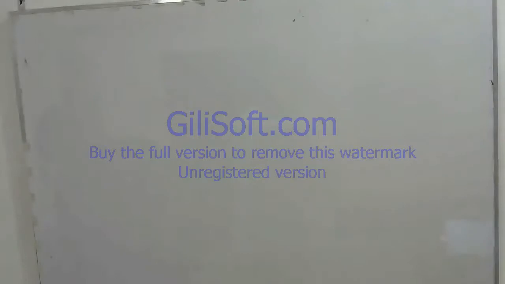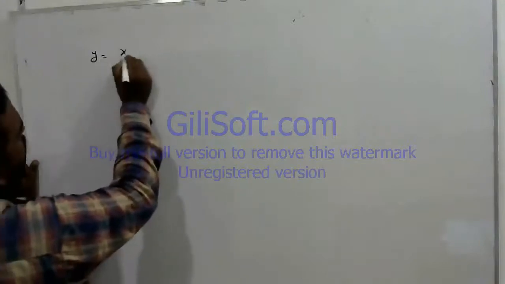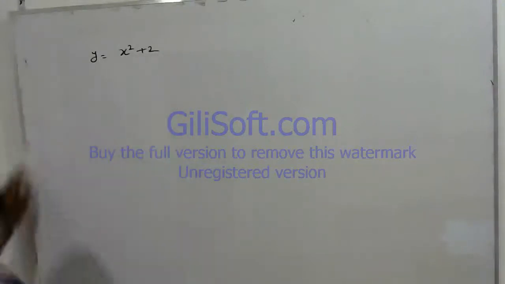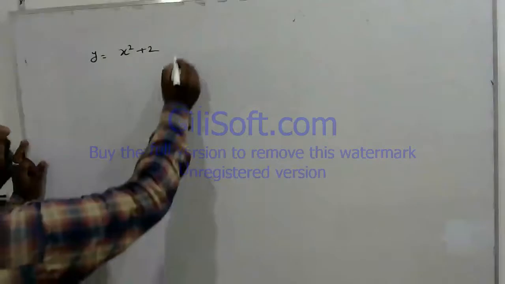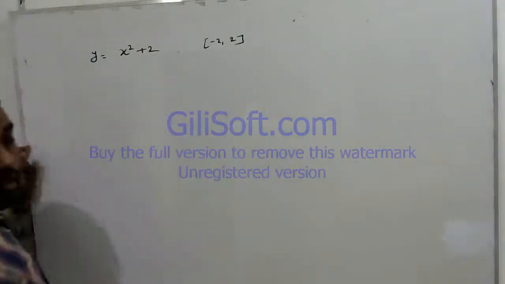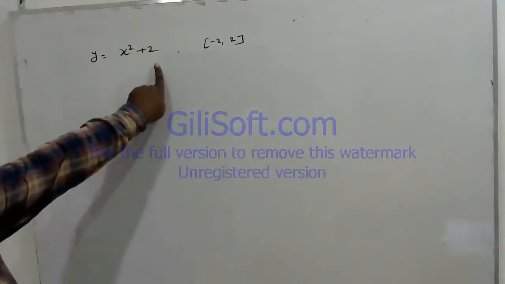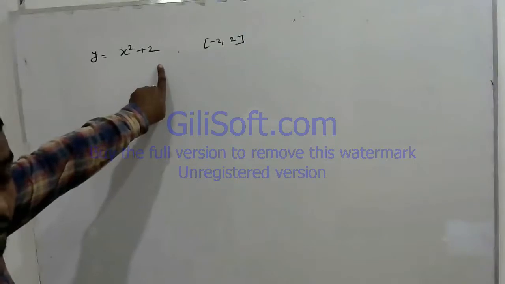Let us take a function y is equal to x square plus 2, and your domain is given as minus 2 and 2. Look here, you can see that y is equal to x square plus 2, that is a polynomial.